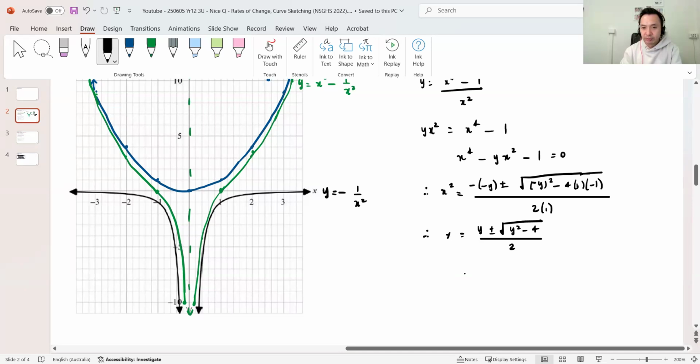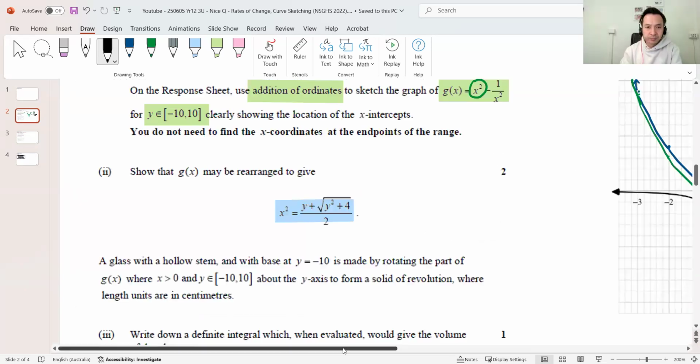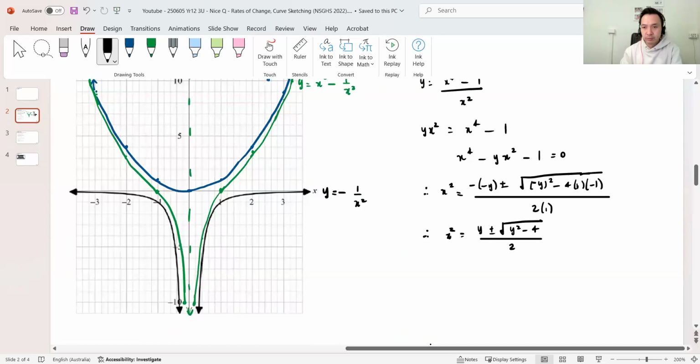Is that what I want? Let's have a quick look. Oh, that's a plus, yeah. And because it's x squared, there's no plus or minus needed. Let's think about it. Since the square root of y squared plus 4 is bigger than y, I can't have a minus, because then x squared would be negative. So it'll be the plus version only.